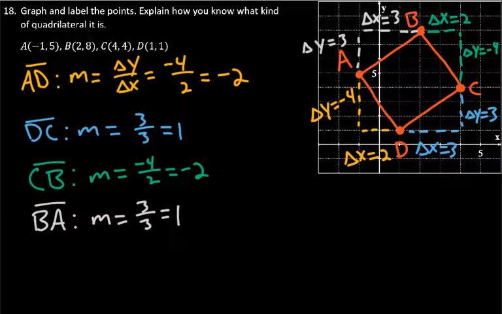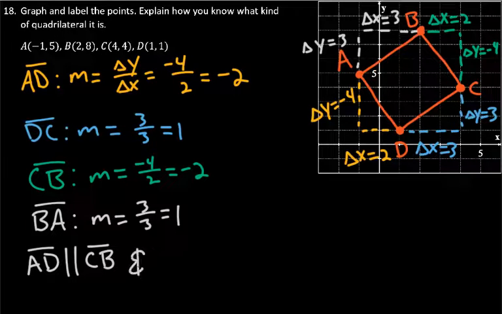So I have that side AD is parallel to side CB, and side DC is parallel to side BA.